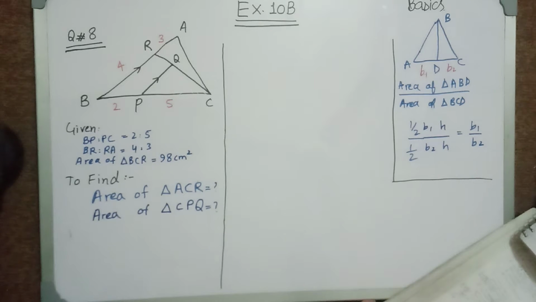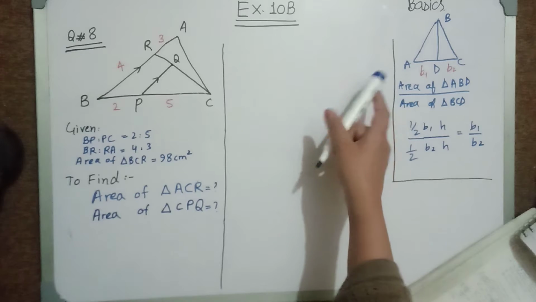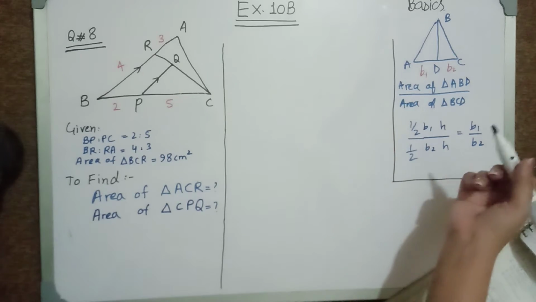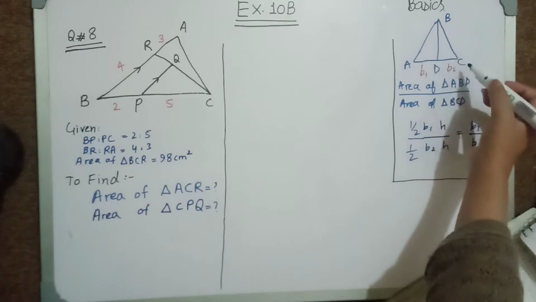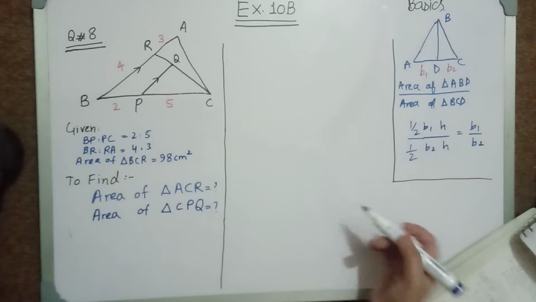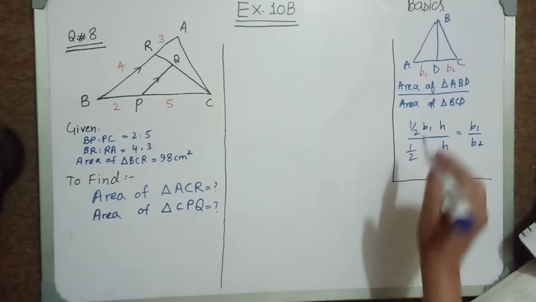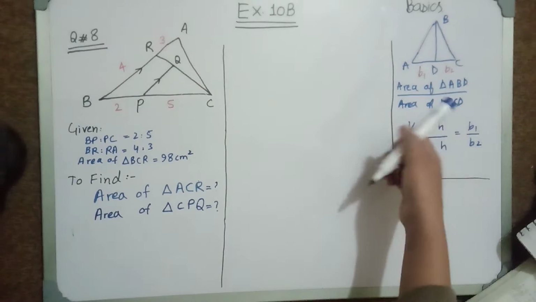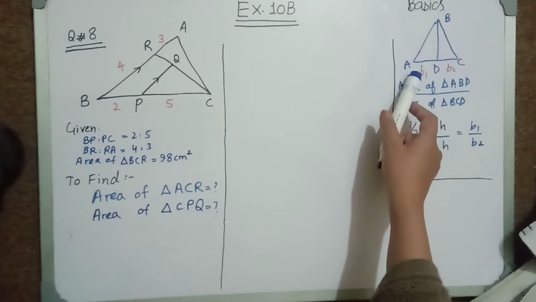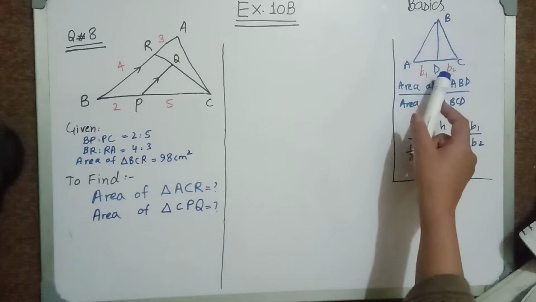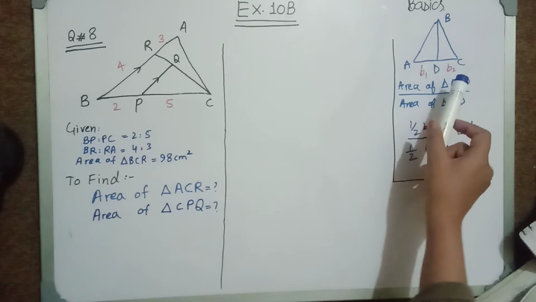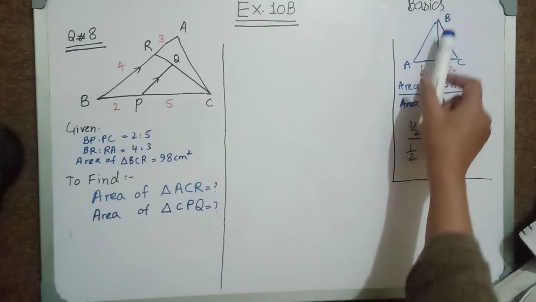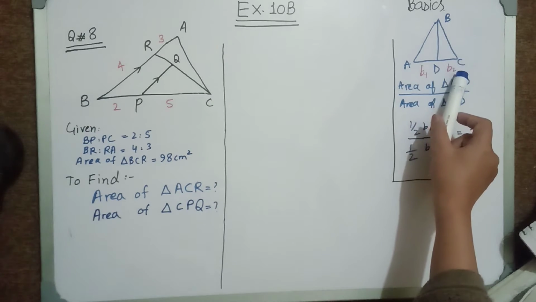So before starting the questions, let's just get through some basics. Look here, I have a triangle ABC, right? In which I have written the base of this ABD as B1 and the base of the other triangle BCD as B2.